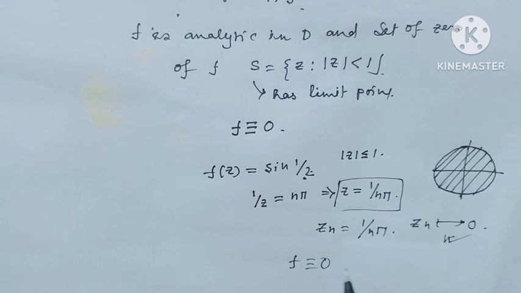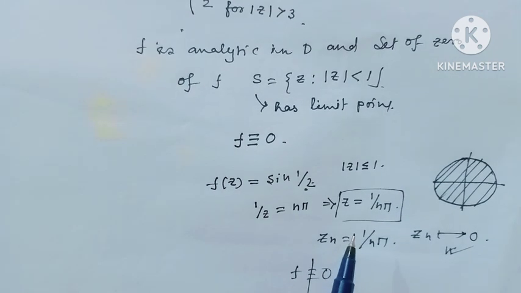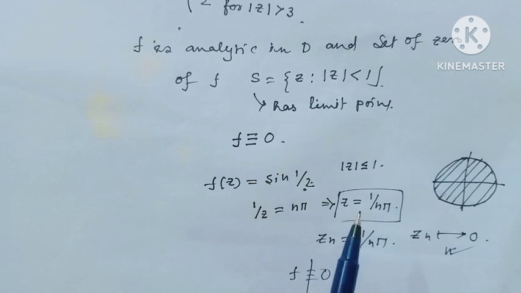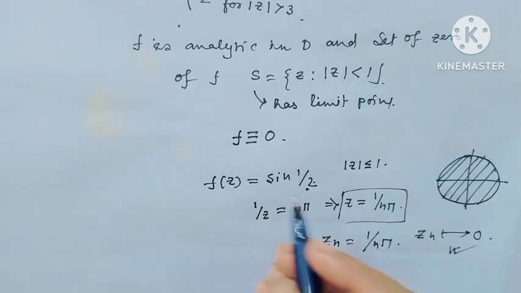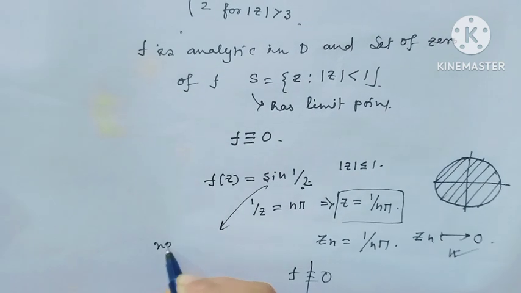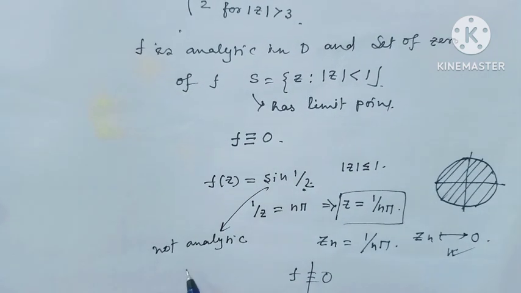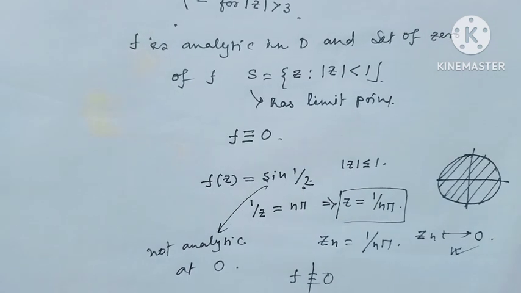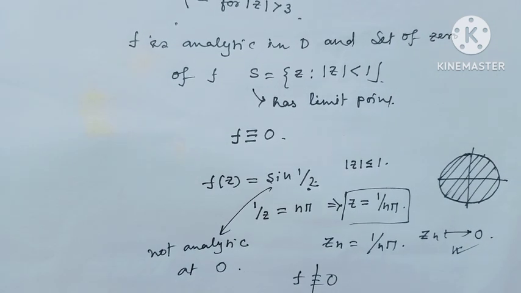By the uniqueness theorem, no. Why? Because the function is analytic on the whole domain except at the point 0. So the function is not identically 0.